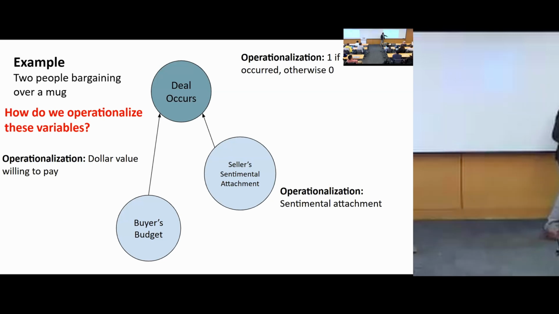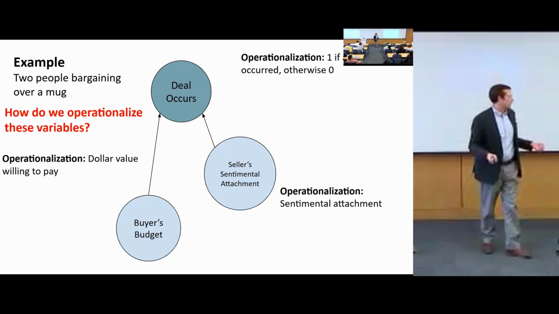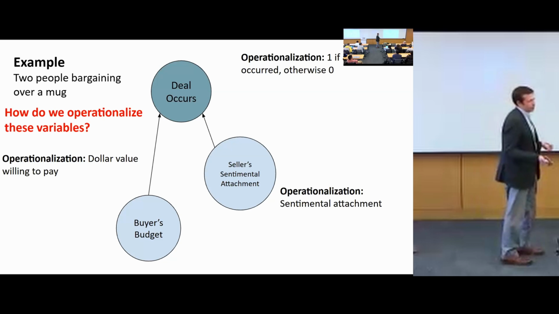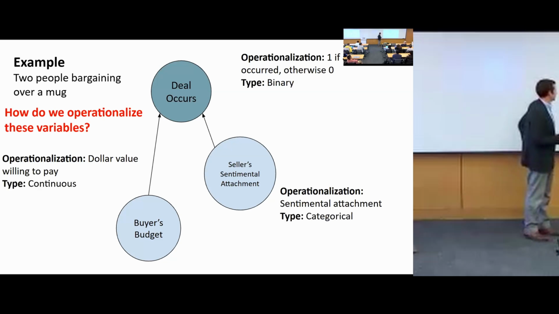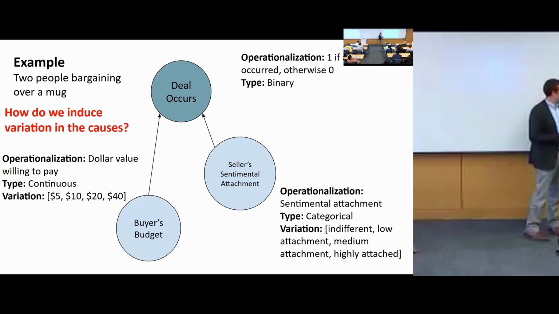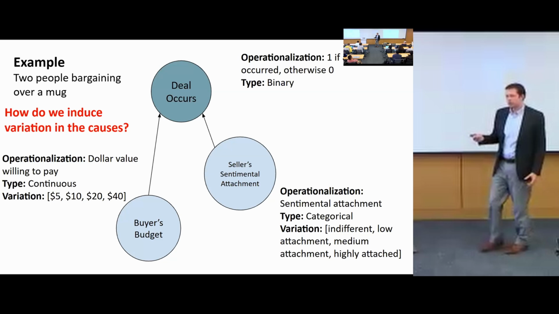So for a buyer's budget, the model might say, oh, it's going to be the dollar value of their willingness to pay, right? That's how you operationalize this idea. You would say, well, is this continuous or is this categorical? Hey, what might be some reasonable ranges? And it's basically going through the same process.